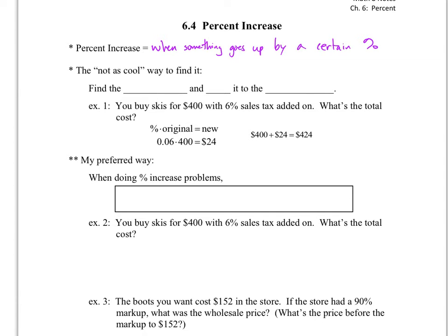So it's going up because it's an increase, and it's by a percent because it's a percent increase. Like sales tax is a percent increase. We pay 6% more in Michigan. Some other states you pay more than that.